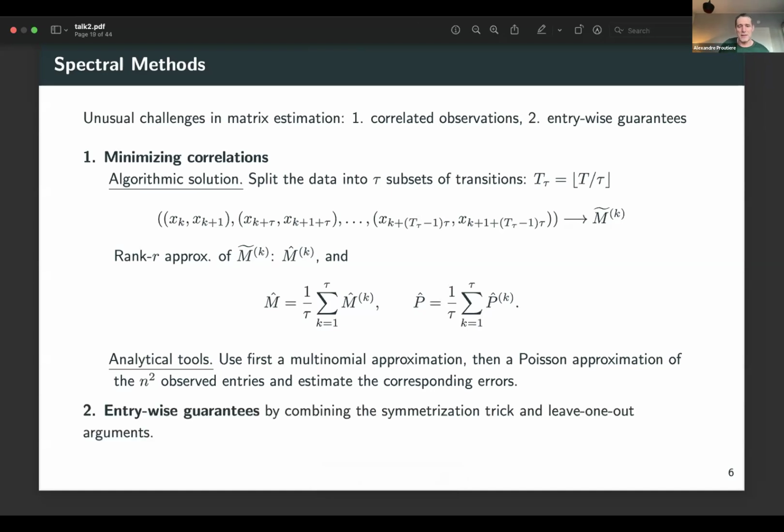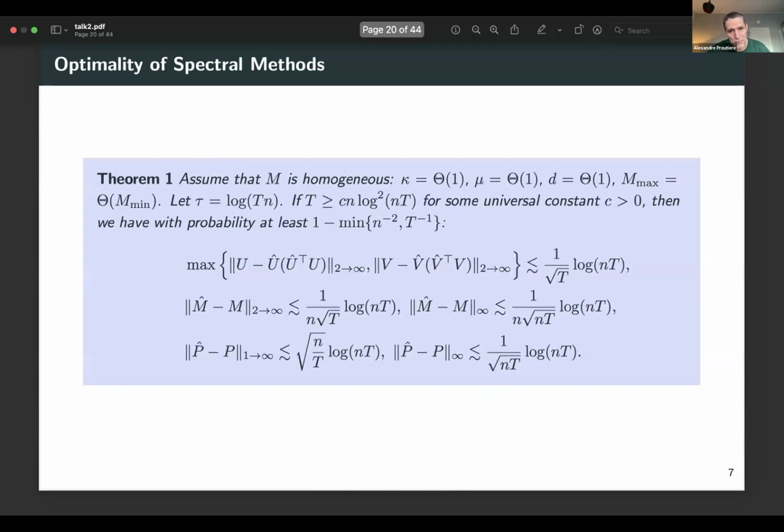For the entry-wise guarantees, essentially it's more like an analytical tool, because we are applying a spectral method. As you see, we just do SVD. So to analyze the performance of spectral methods when you target entry-wise guarantees, you need to essentially apply an argument that is called the leave-one-out argument, that was introduced by Emmanuel Abbé and co-authors a few years back.